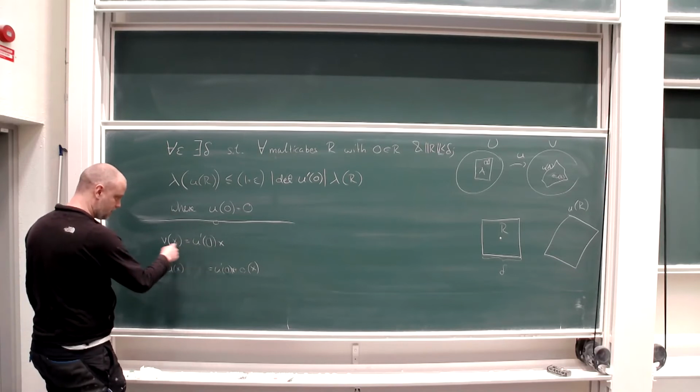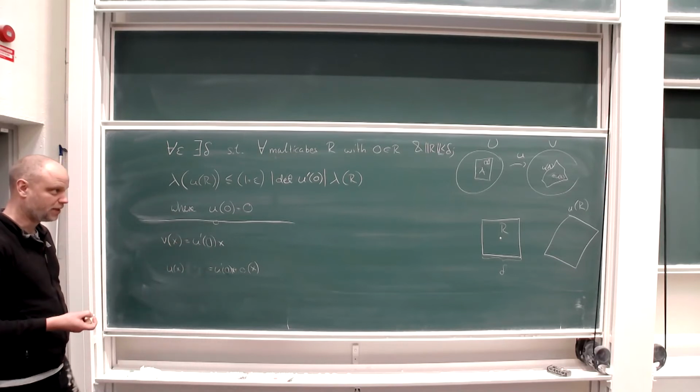So that one and this one, V of X, are almost the same.